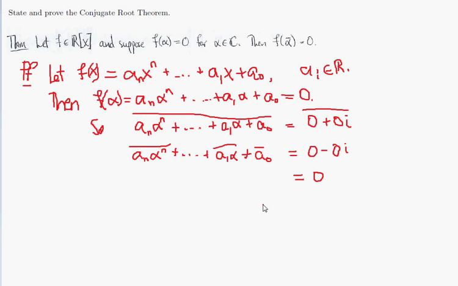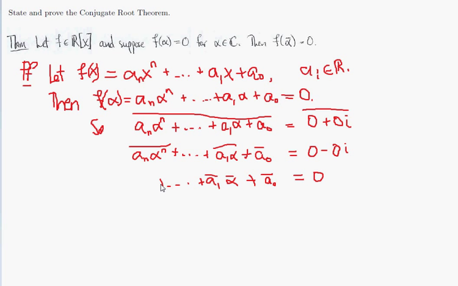I also have another theorem that says that if I have the product of two complex numbers like this, then the conjugate of the product is the same thing as the product of the conjugates. So the last term here, a sub 0, I leave untouched, a sub 0 conjugate. Then we have a sub 1 conjugate times alpha conjugate.